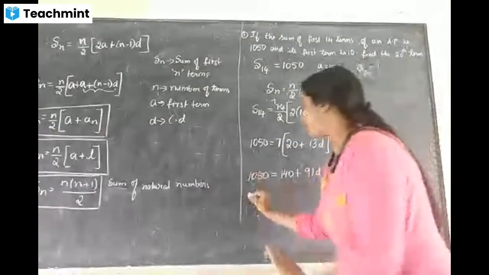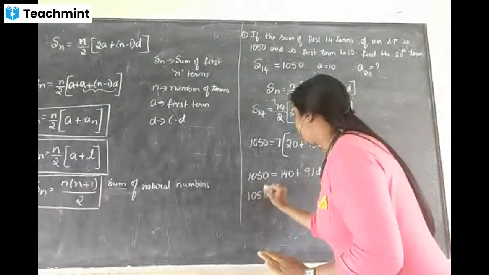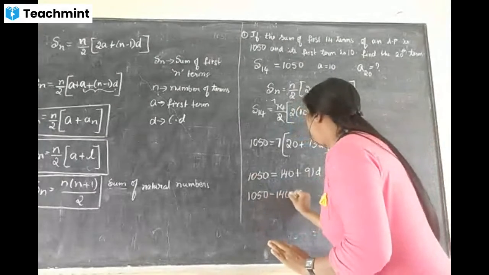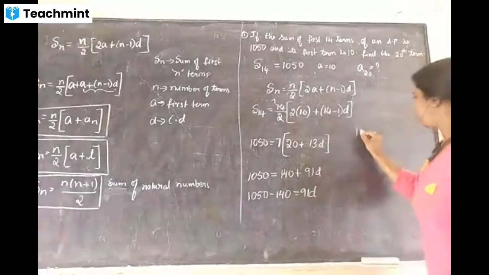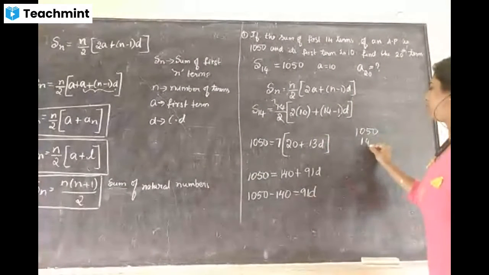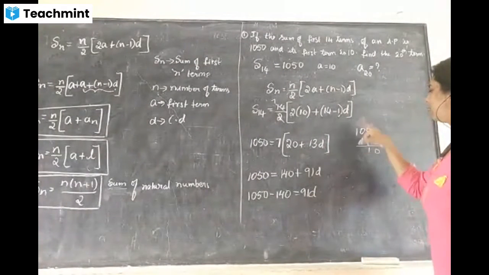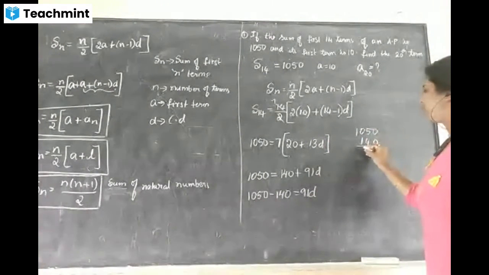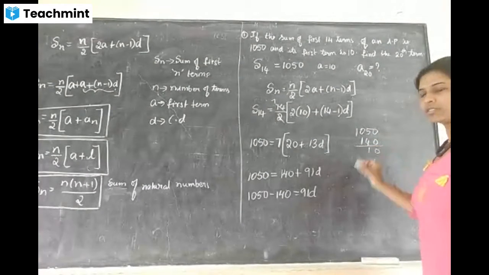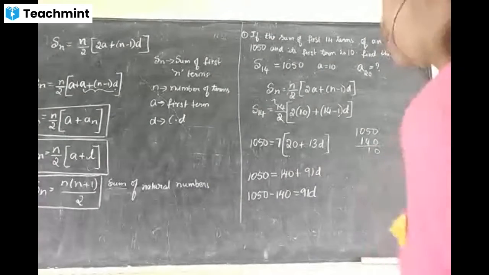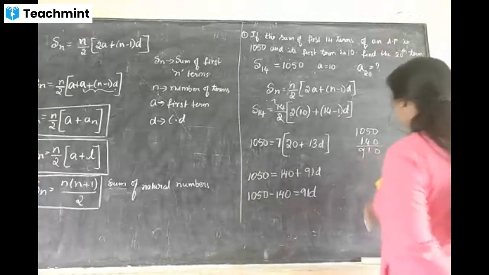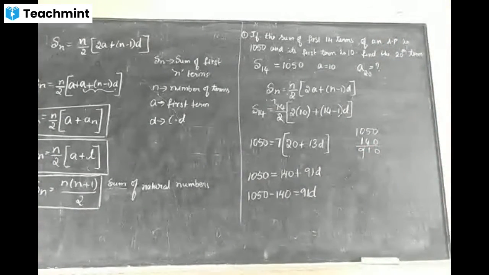Now I will bring this 140 here. 1050 minus 140 is equal to 91d. 1050 minus 140 is 910.